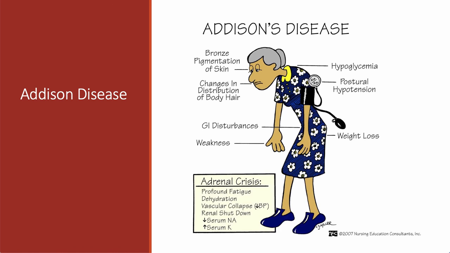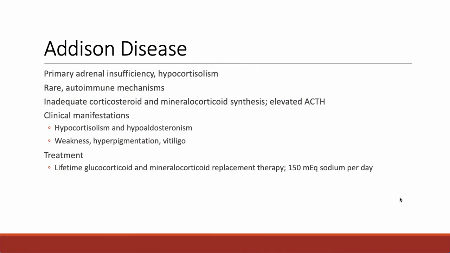Remember that aldosterone problems cause the sodium and potassium to move in opposite directions, so you would expect hyperkalemia. But as the serum sodium goes up, the fluid flies out of the kidneys, and that causes postural hypotension, weight loss, fatigue, massive dehydration, vascular collapse, etc. Okay? This is all laid out for you here as well.